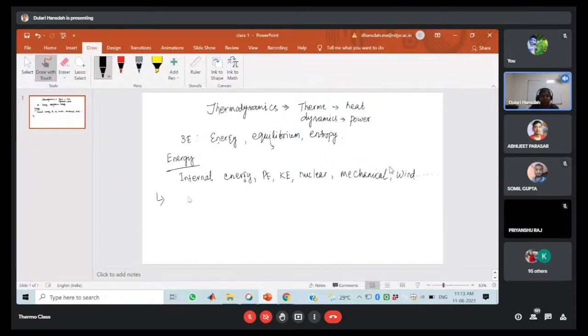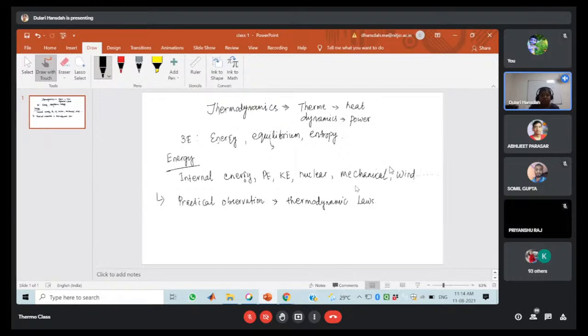In our day-to-day life, we are applying thermodynamics to solve our problems. The practical observations which exist in our day-to-day life can be converted into thermodynamic laws.